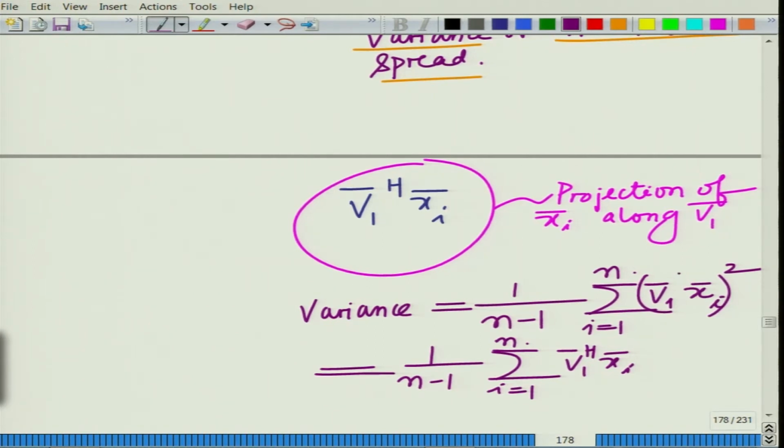Just to make things simple, let us make all these quantities real. V1 bar transpose xi bar into the transpose of this quantity.